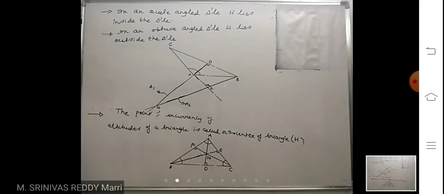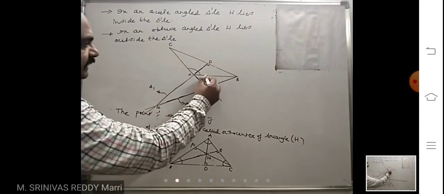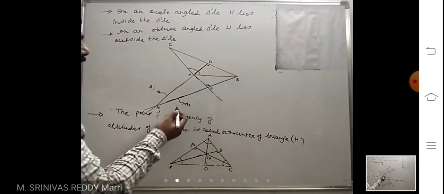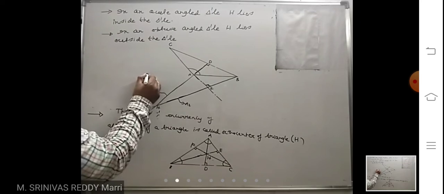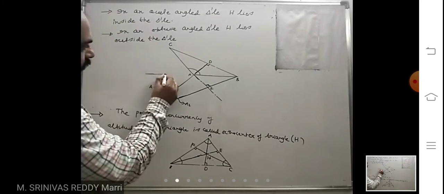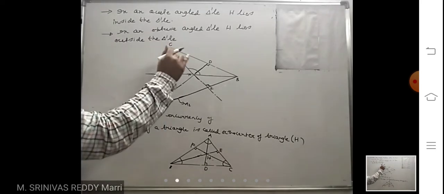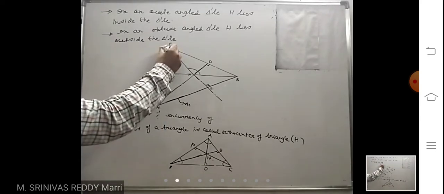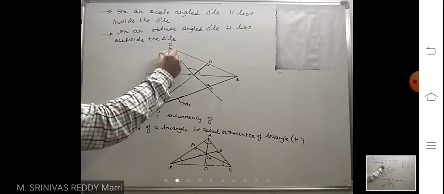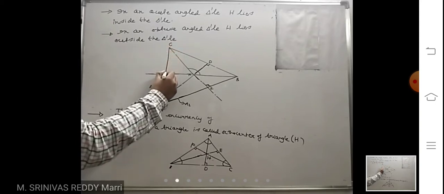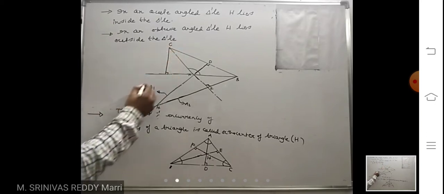Now look at here. I want to drop a perpendicular from C upon AB. Look at here, I am dropping a perpendicular like this. This is one altitude.